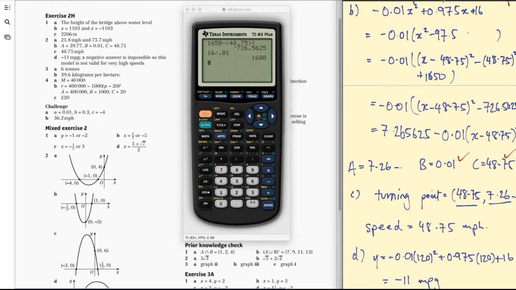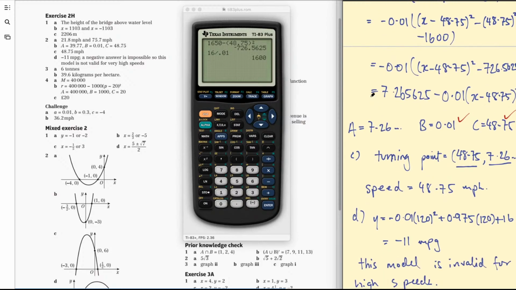This is negative 1600. And then this would be negative 1600 take 48.75 squared, and then multiply that by negative 0.01.